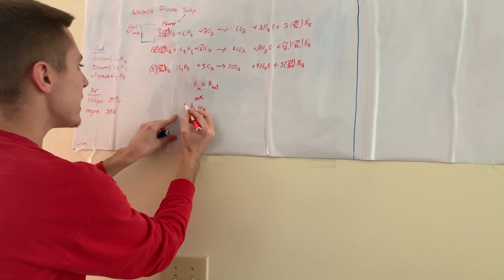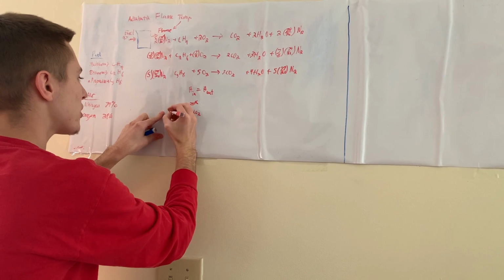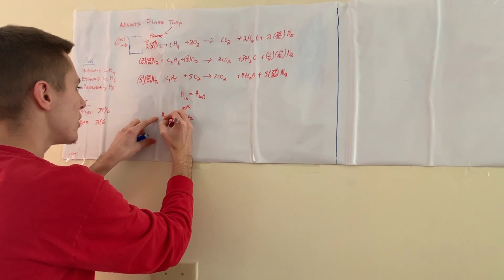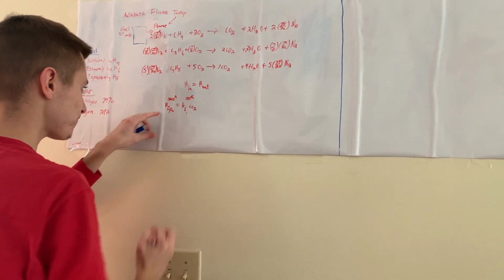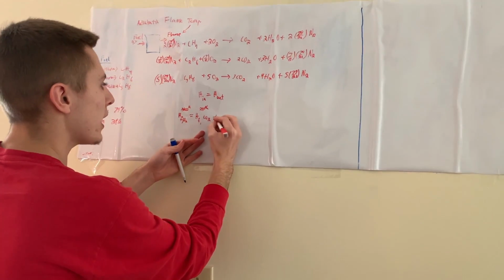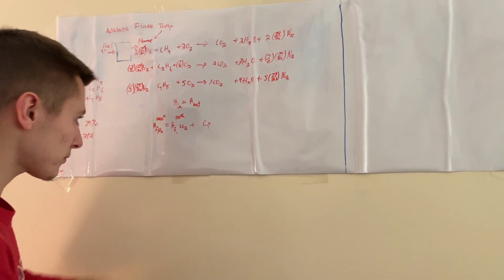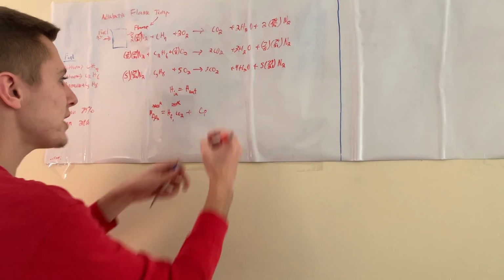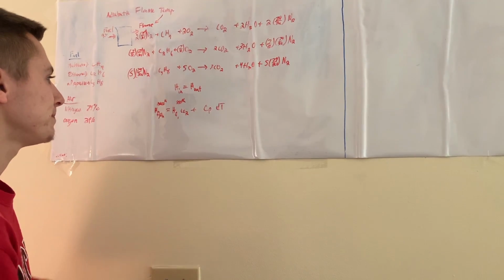And we want to raise the temperature up to 2000 Kelvin. In order to do this, we need to add a certain amount of heat, so we're going to bring in the heat capacity. And this heat capacity is going to change with respect to temperature.